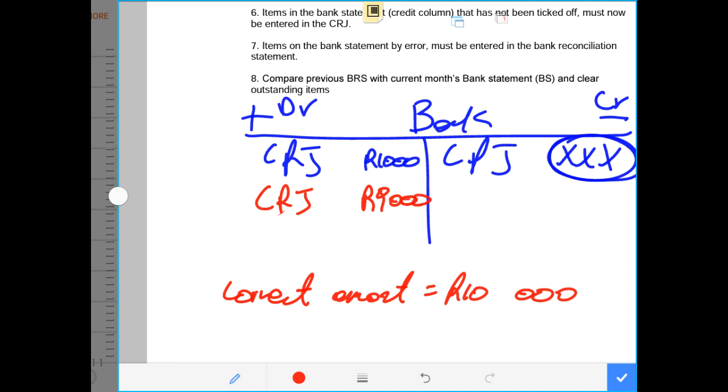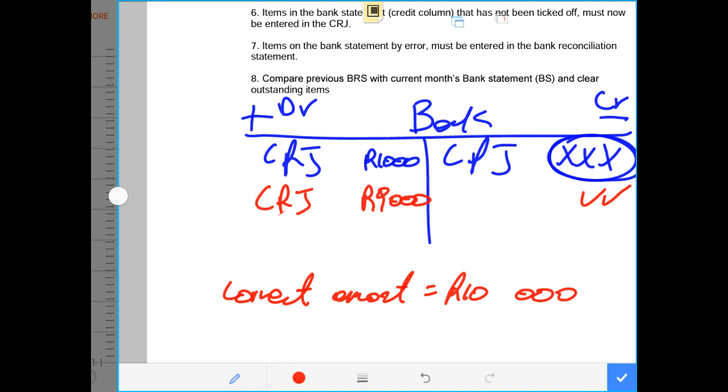Meaning if the cash book is understated, we correct it in the same cash book. Meaning if the receipt is underestimated, we correct or adjust the amount in the receipt. But if the receipt is overstated, we correct or adjust it in the cash payment journal, which is the credit side of the bank account.